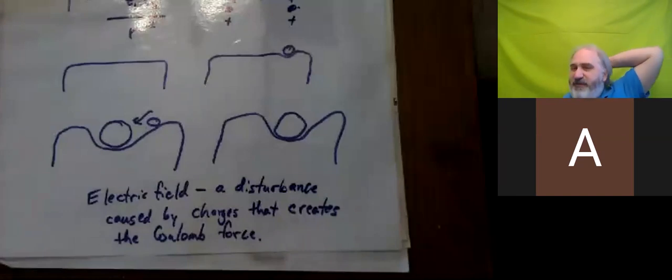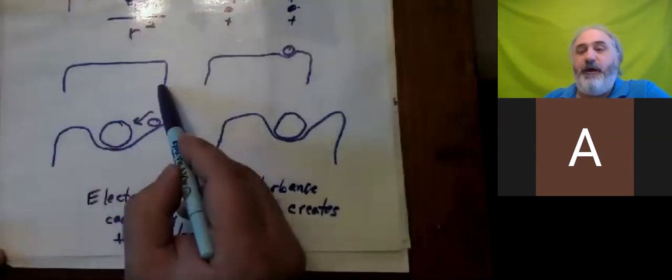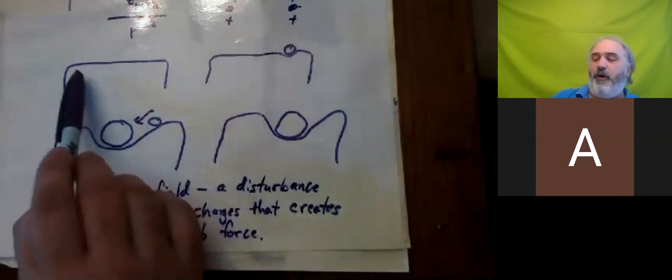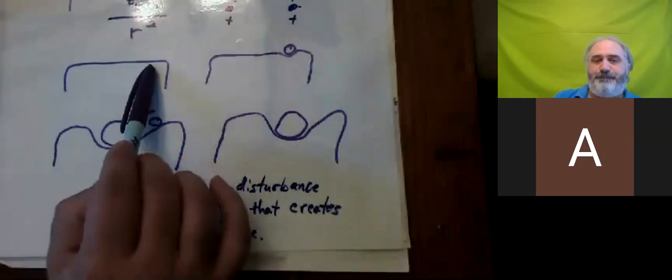And the analogy that I like to think of when I'm imagining how this electric field works is a waterbed. Imagine here's a waterbed, and there's nothing sitting on the waterbed, so the surface of that waterbed is completely flat.